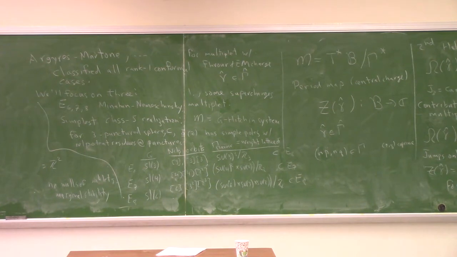In fact, Ashwin basically talked about this story here, because the mass deformations that he was talking about are precisely the Cartan of this flavor symmetry group. So I have the advantage that he already gave you a lecture on that, even though you didn't know at the time that that was what he was telling you.